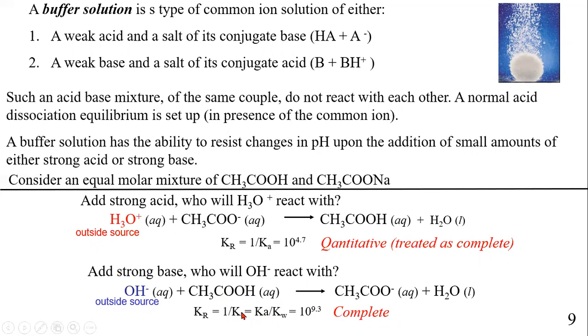Nonetheless, no matter what my Kb value, always, if I have a strong acid or a strong base as a reactant, always treat this reaction as going complete, one way. Thus, what happens to this OH minus? It will be completely neutralized, and all of it will be converted to the conjugate base of this acid when it reacts with the acid.